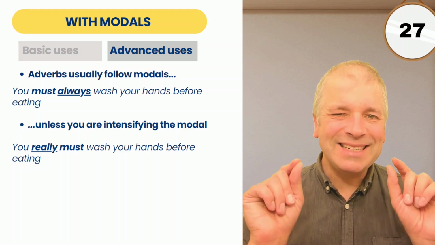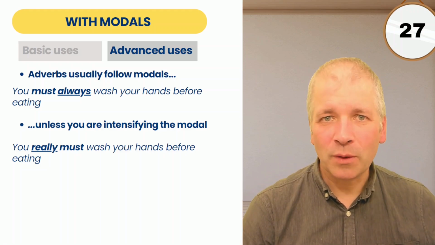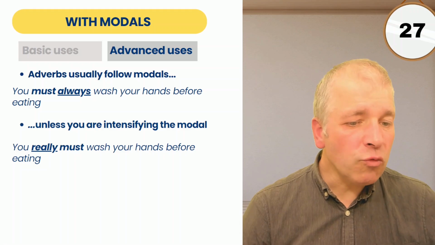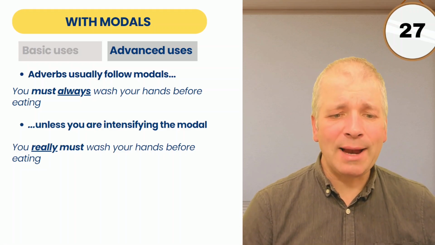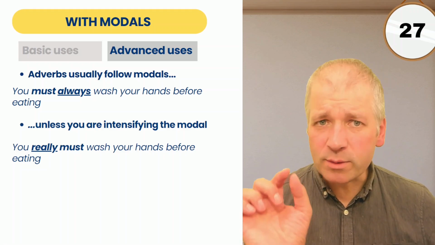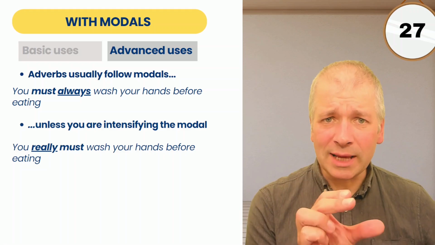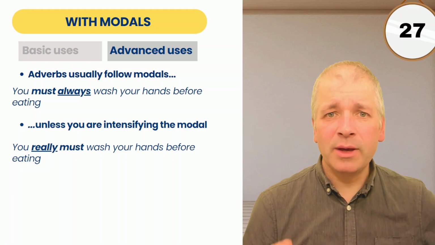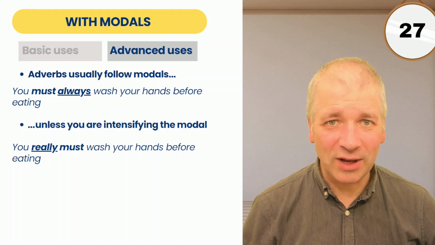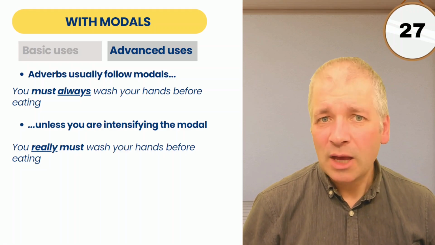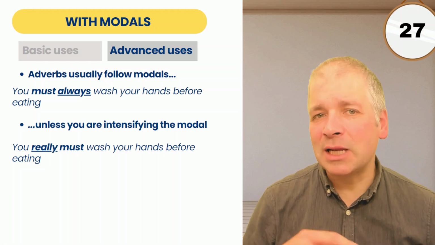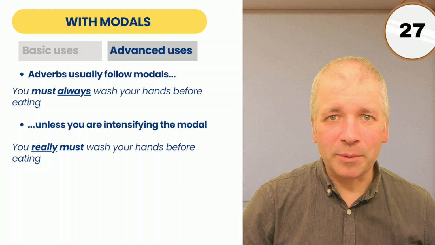If you are intensifying the modal, then put it before. You really must wash your hands before eating. What's different here? Really is emphasizing must. It's making must more important in the sentence. If you want to do that, put it immediately before the modal verb.